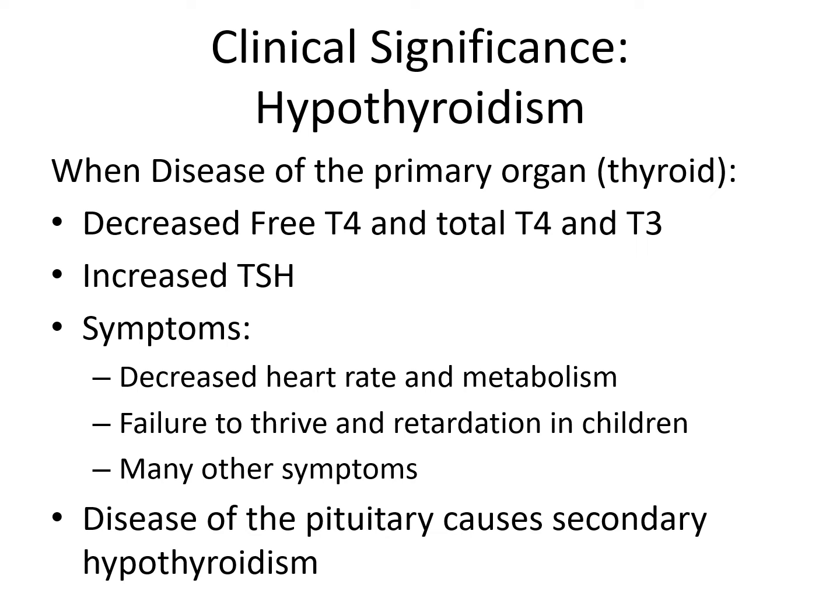Right, so the symptoms are the opposite. People with hypothyroidism have a slow heart rate, and the metabolic rate is also slow. It can also lead to mental retardation or even failure to thrive in children. So that means they cannot live long.